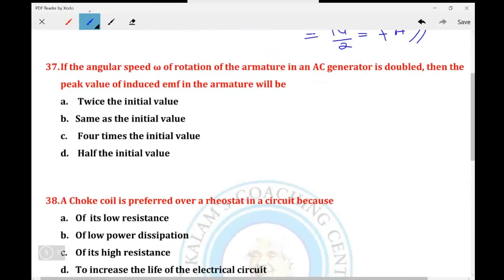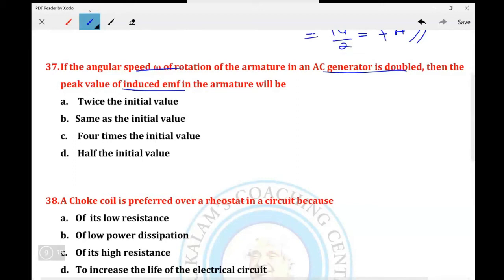If the angular speed of rotation, so angular speed omega, of the armature in an AC generator is doubled, then the peak value of induced EMF in the armature will be. What you're supposed to remember here is, what relationship is there between EMF and angular speed?